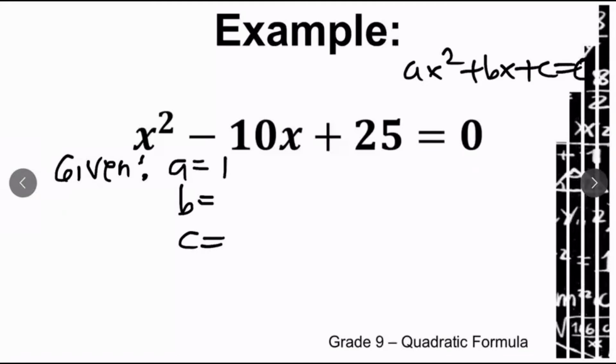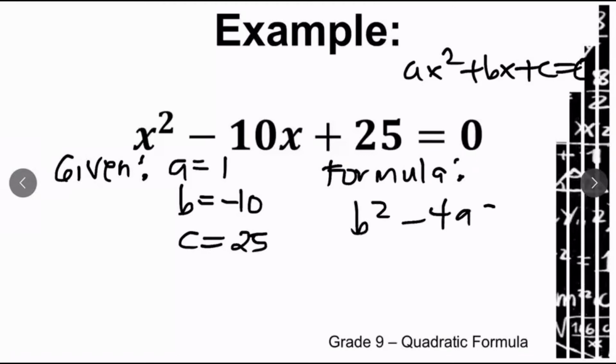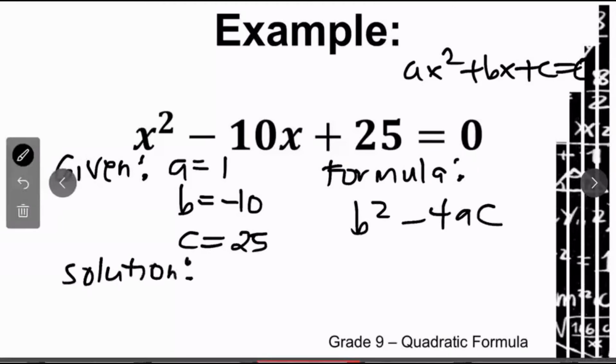Ang A natin is 1. Since ang x squared ay walang katabing number, automatically there is an imaginary 1. So let us just write 1. For letter B, we have negative 10. For our letter C, we have 25. For the formula, we have b squared minus 4ac. For our solution, let us just substitute the given to our formula.